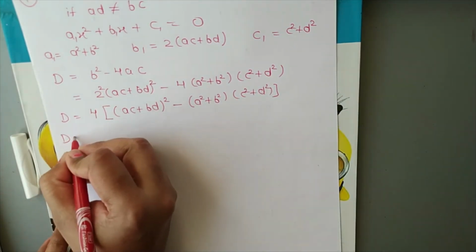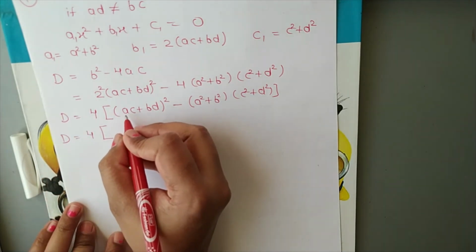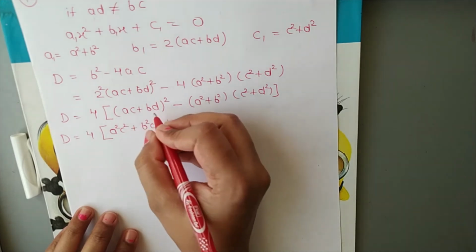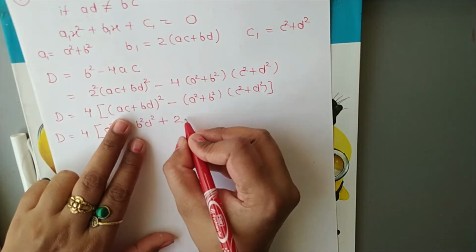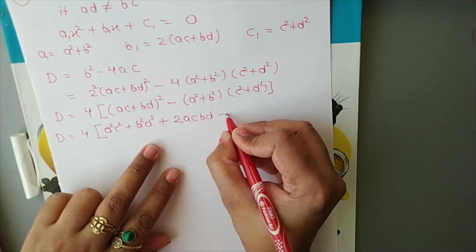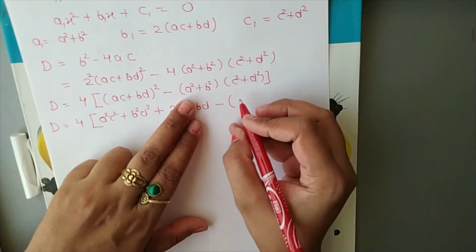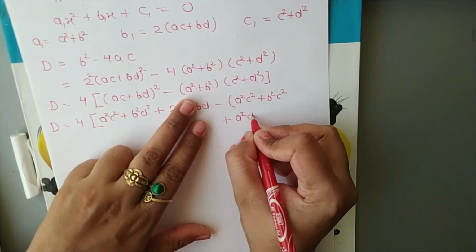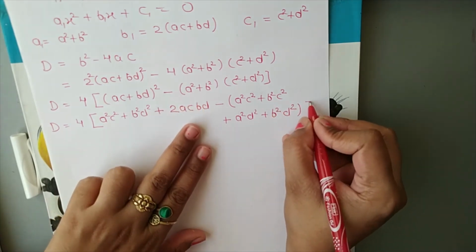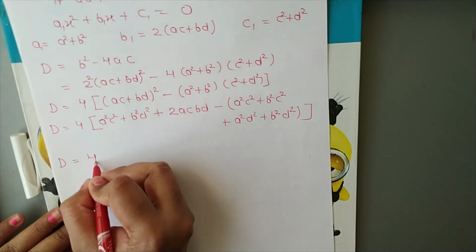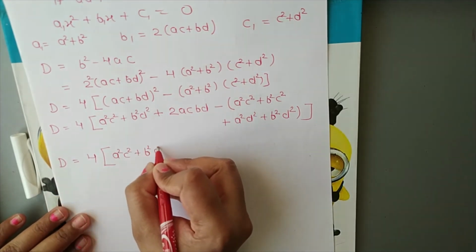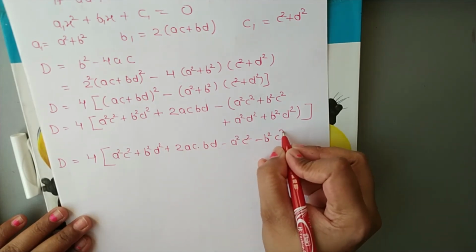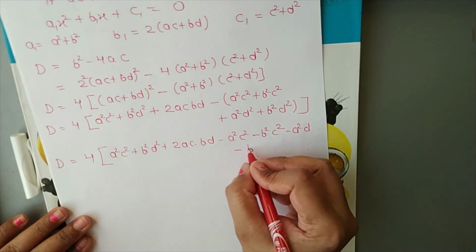Expand this bracket: a square c square plus b square d square plus 2acbd, then minus sign, you have to multiply: a square c square plus b square c square plus a square d square plus b square d square.